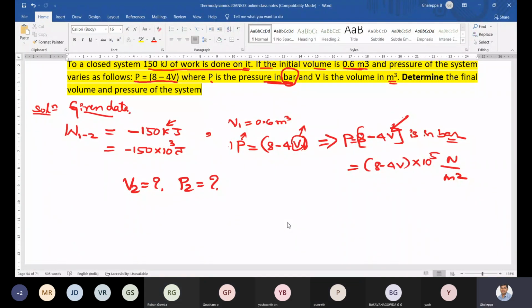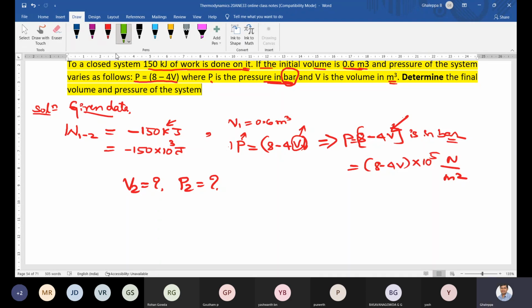Now this is the reverse of what I told you just before 10 minutes: work done will be given, and he may ask you to calculate final pressure or initial pressure or final volume and initial volume. But here work done is given as 150. Initial volume is also given. And he is asking to calculate V2 and P2.